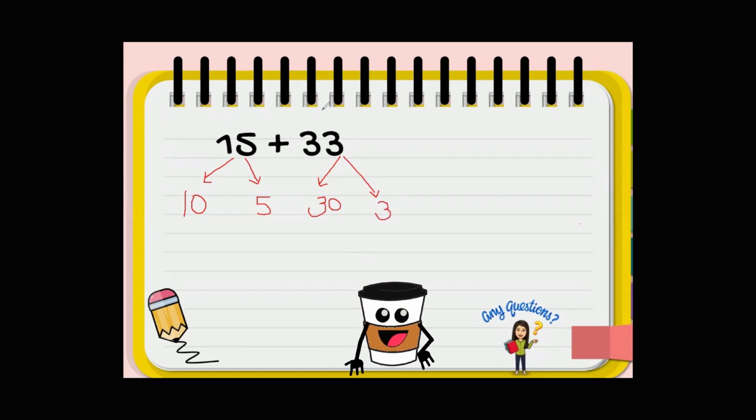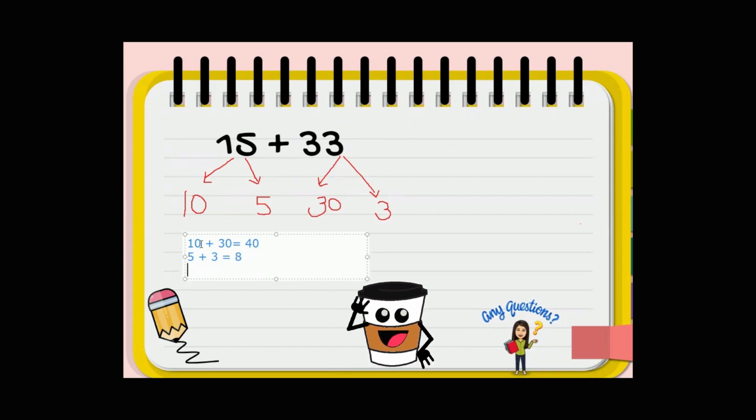So now first step is to add the tens together. So the tens are 10 and 30. So 10 and 30 will be added together and we will get 40, and the units are 5 and 3, which added together will give us 8.